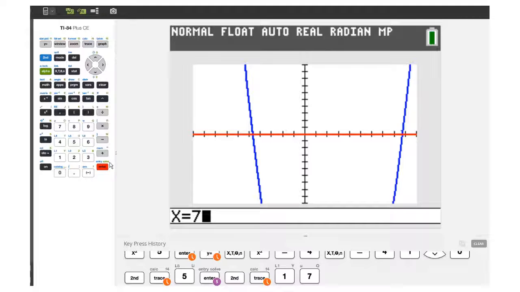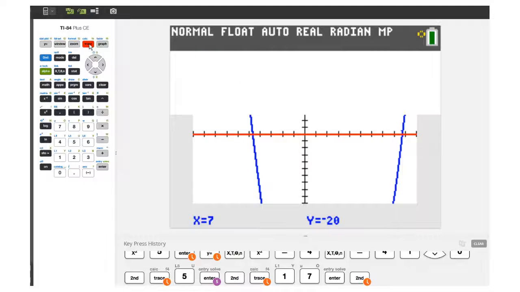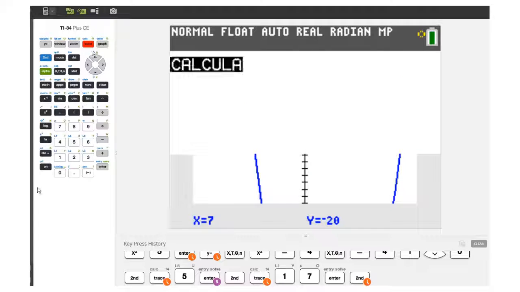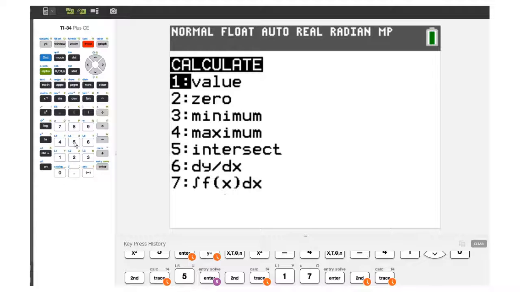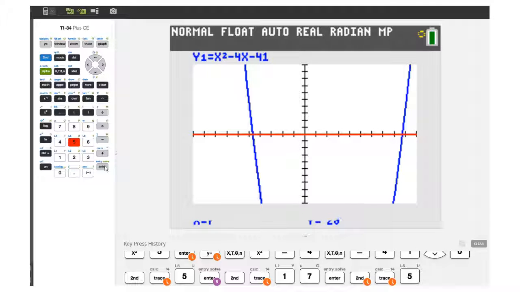So now my pointer is supposed to be closer to the other 0, or the other value that I need. For that reason, I'm going to hit the second button again, trace again, and then go to number 5 to find the intersection point between the parabola and the x-axis.